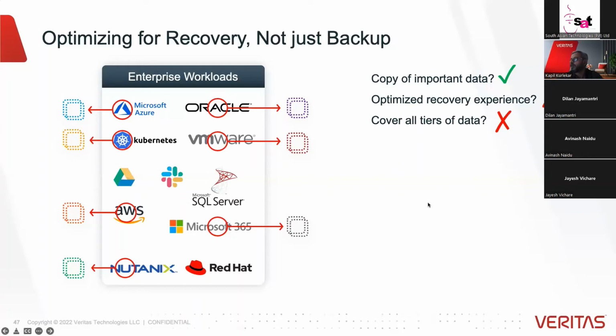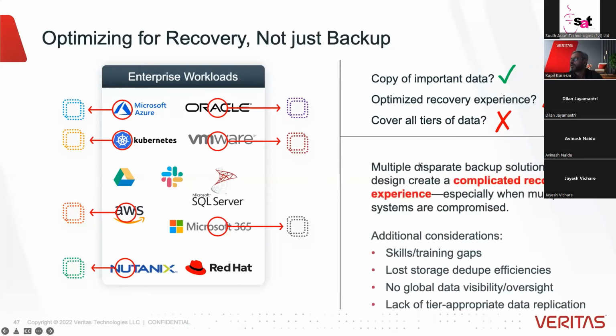Does it cover all tiers of data? No. Multiple disparate backup solutions by design create complicated recovery experiences, especially when multiple systems are compromised. How do you decide between the tier one and tier two data? You cannot do all the tiers, right?